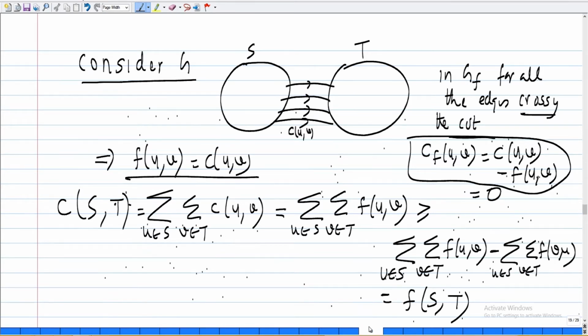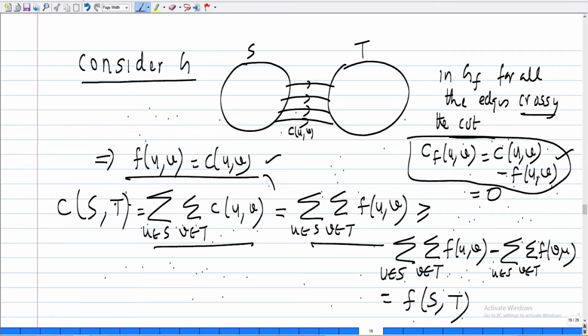Why is there no path from s to t in GF? Because all those edges have residual capacity 0. What is the definition of residual capacity? This is it, which means the flow f of u comma v must be equal to c of u comma v. Now you write this chain of implications. C of s comma t is equal to this by definition.